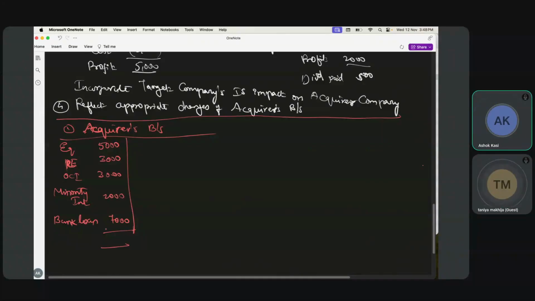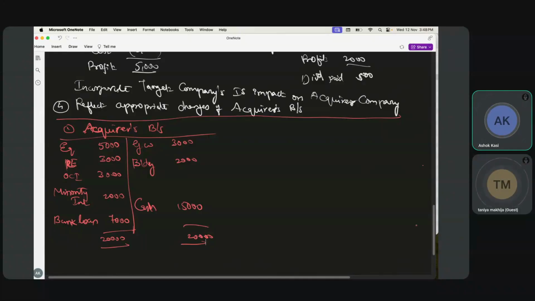Total 20,000. Right hand side: goodwill 3,000, then building 2,000, and cash 15,000. I have just copied it, right? Now only one step I have to do.